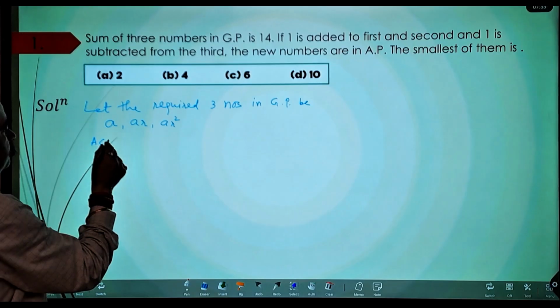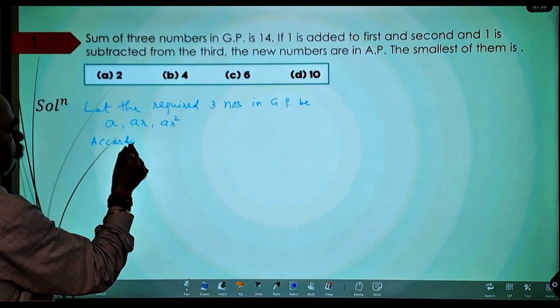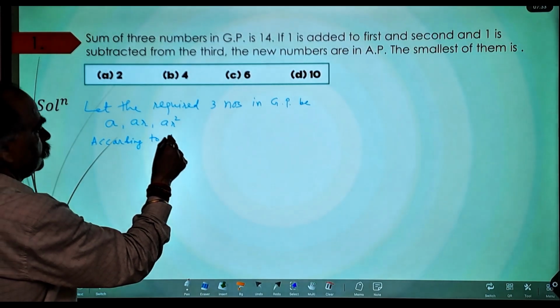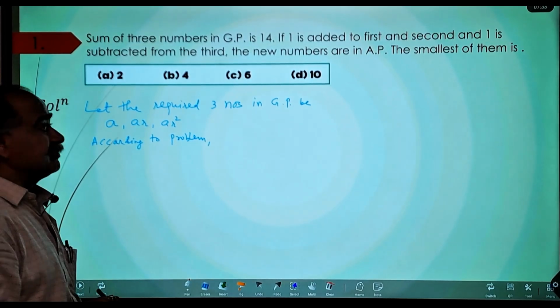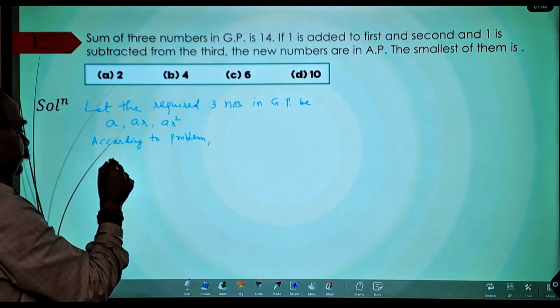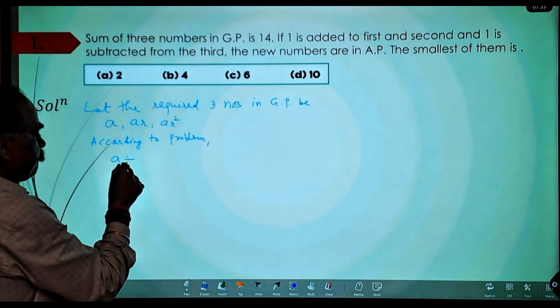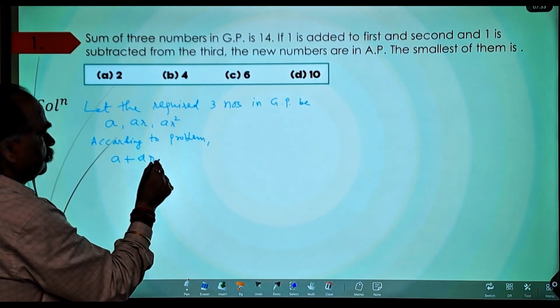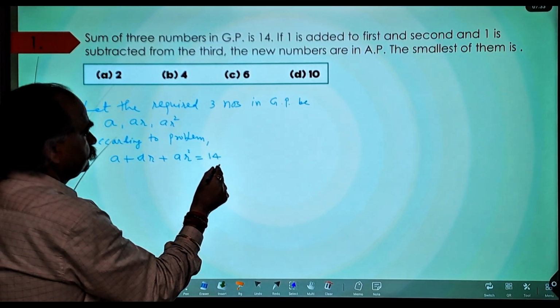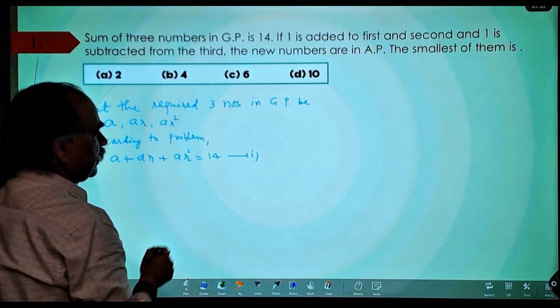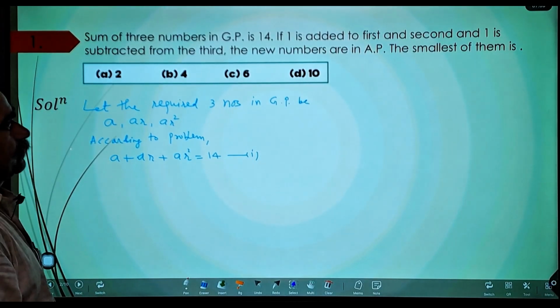According to the problem, their sum is 14. A plus AR plus AR square is 14. Write this as equation number 1.